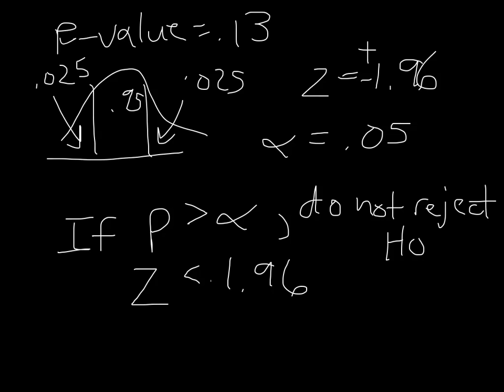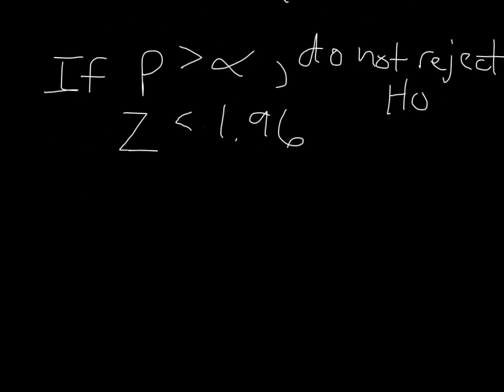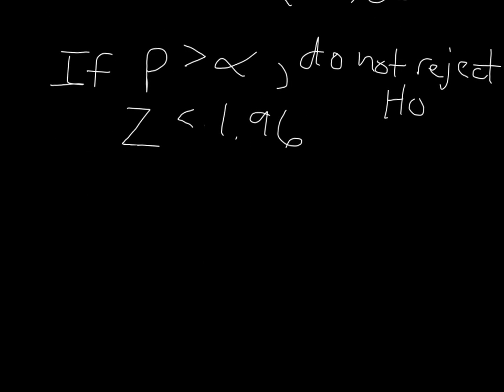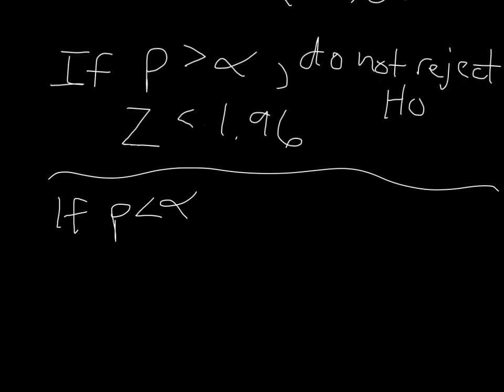Okay? On the other hand, if your p-value is less than alpha, okay? So if p is less than alpha, we reject H naught in favor of the alternate hypothesis.